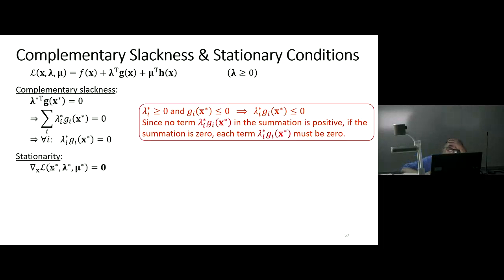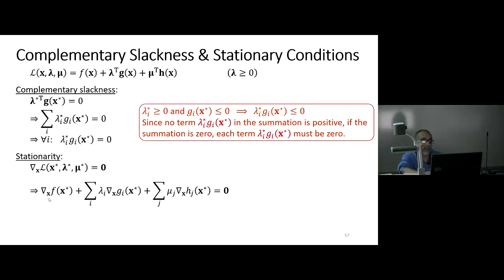Then we have the stationary condition. Stationary is an adjective. I don't know if stationarity is an English word, but I'll just use it as a noun. Stationarity is when the derivative of the Lagrangian is equal to 0.